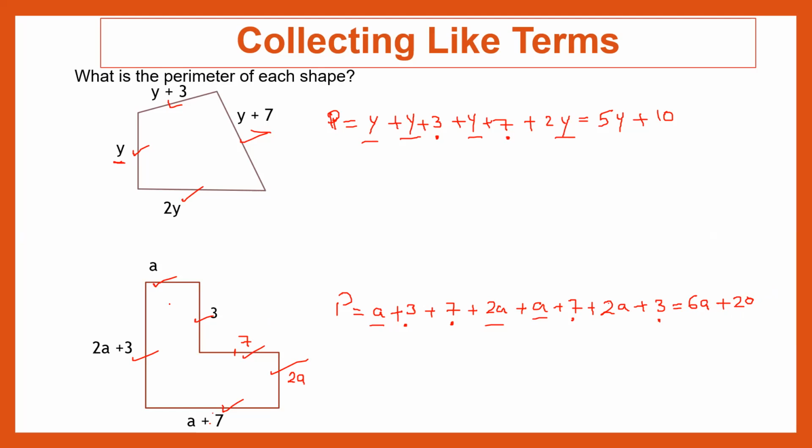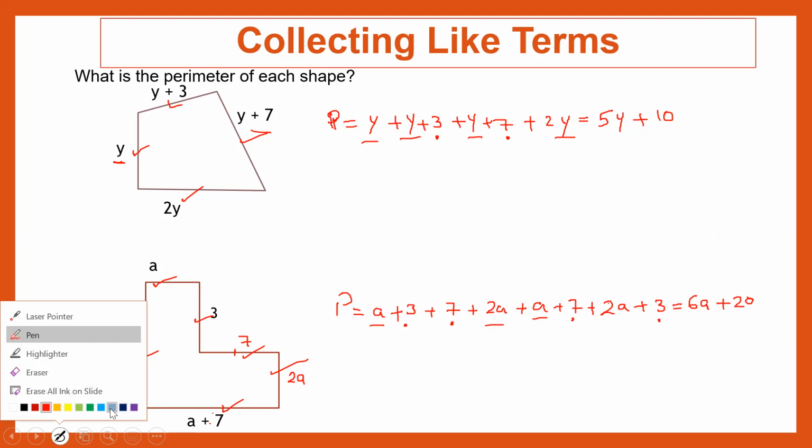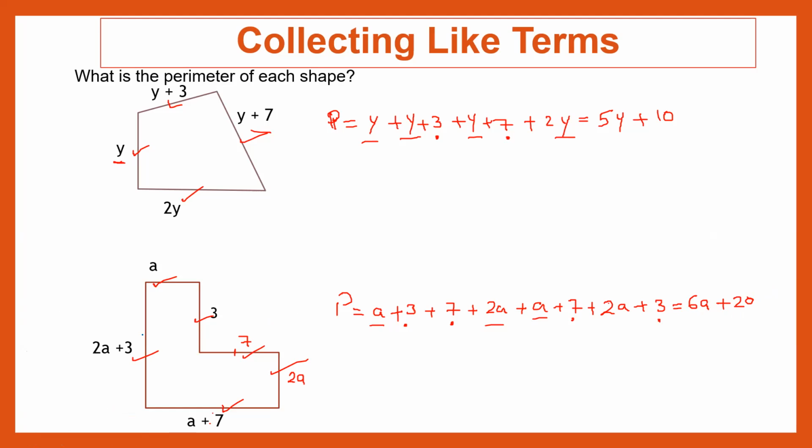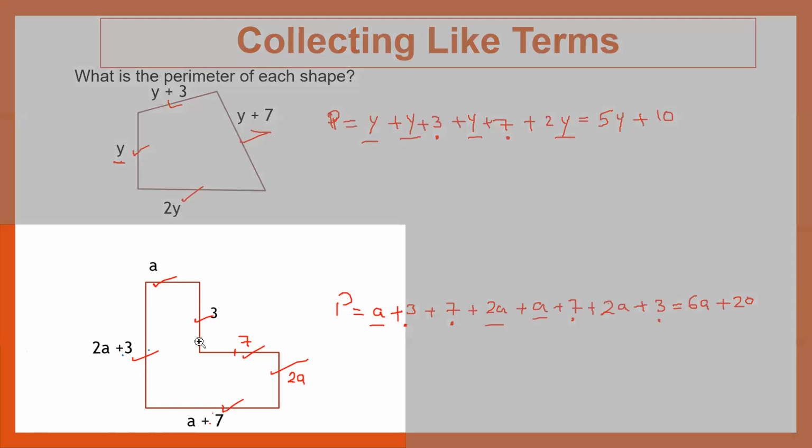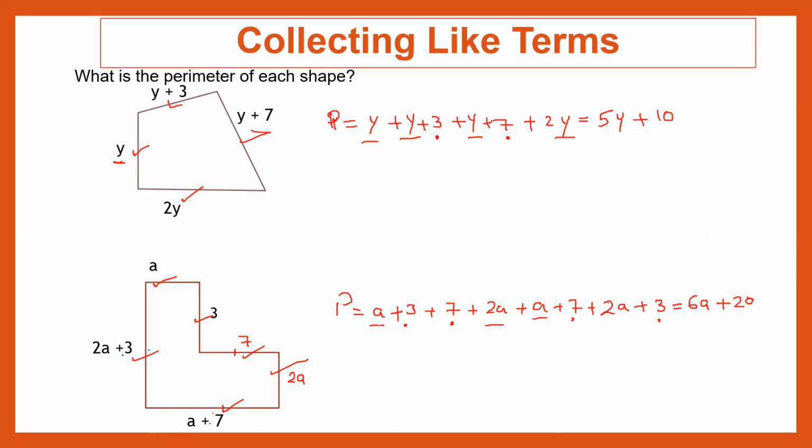Before we end this video, I want you to understand one other thing. Now, if we say a square plus a. Now, a square is not the same as a.